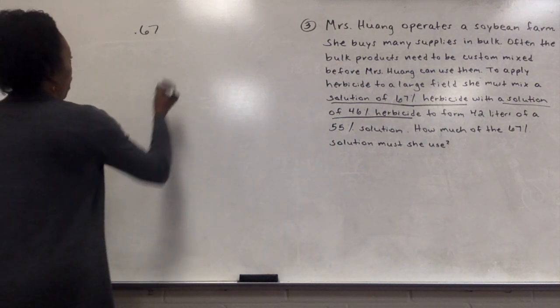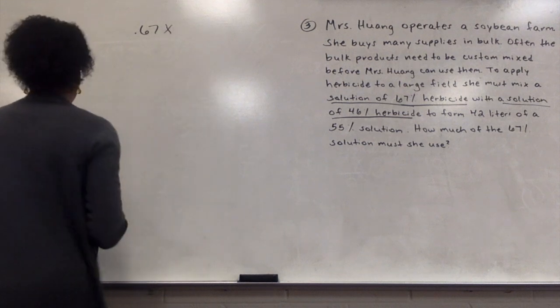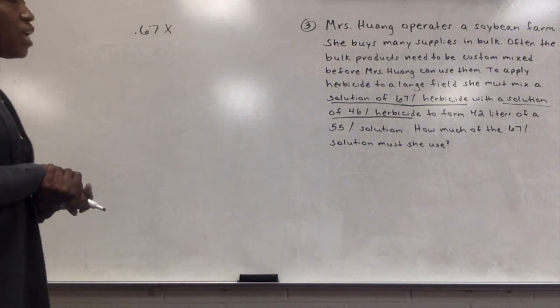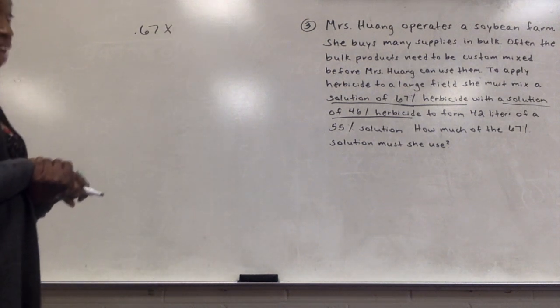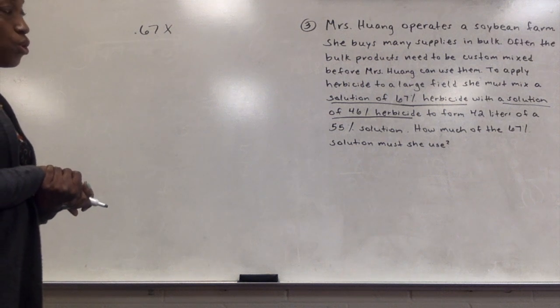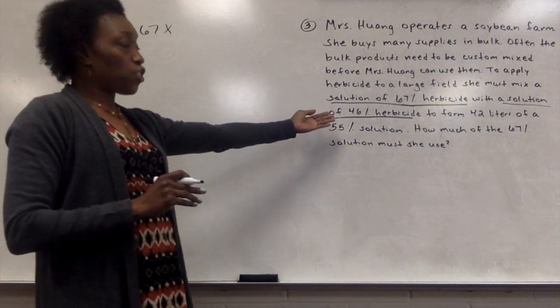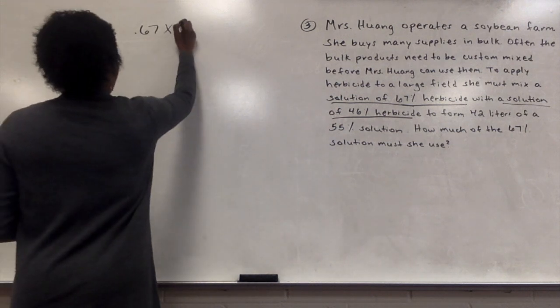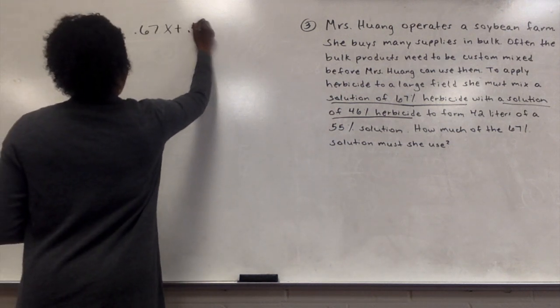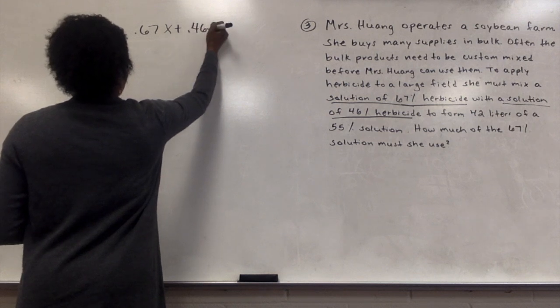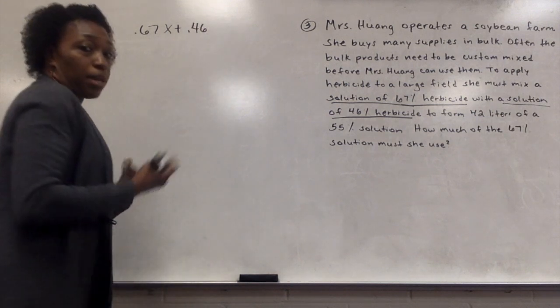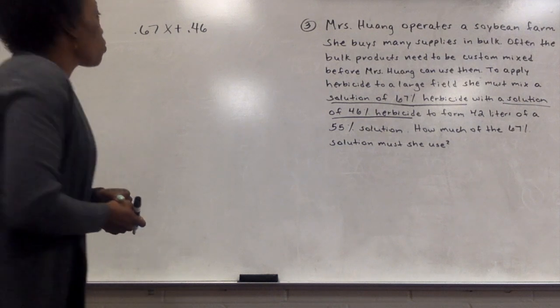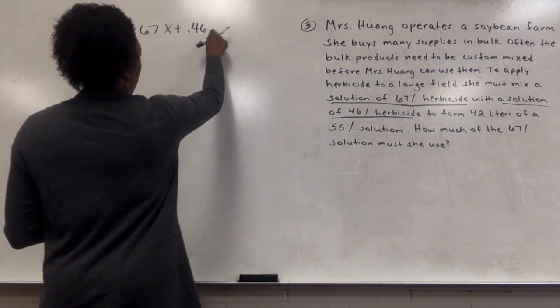So we're just going to multiply that by X. Now it says we're going to add that to our 46% solution. And we need to know how many liters we have here. So at this point, we really don't know how many liters.